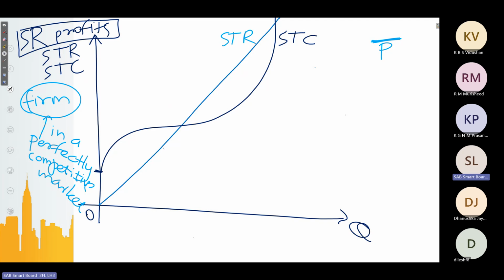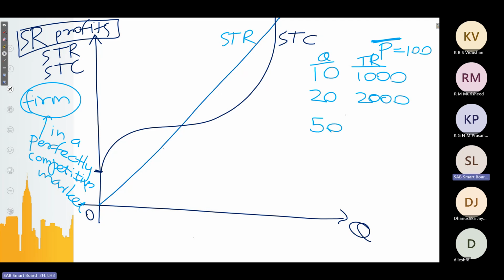If the firm produces 10 units and the price is 100, what is the total revenue? 10 into 100, 1,000. If the firm produces 20 units, what is the total revenue? 20 into 100, 2,000. If the firm produces 50, 50 into 100, total revenue will be 5,000.